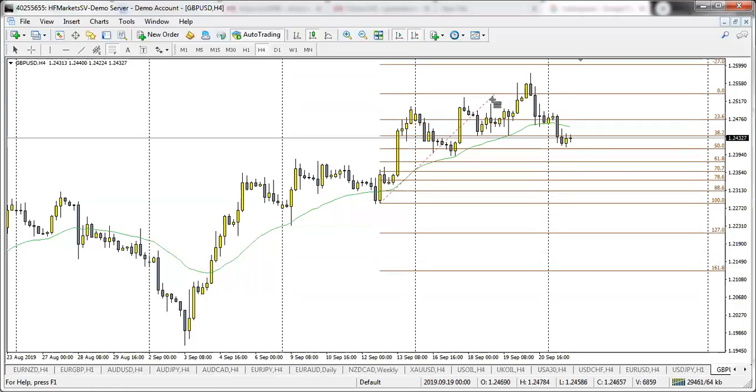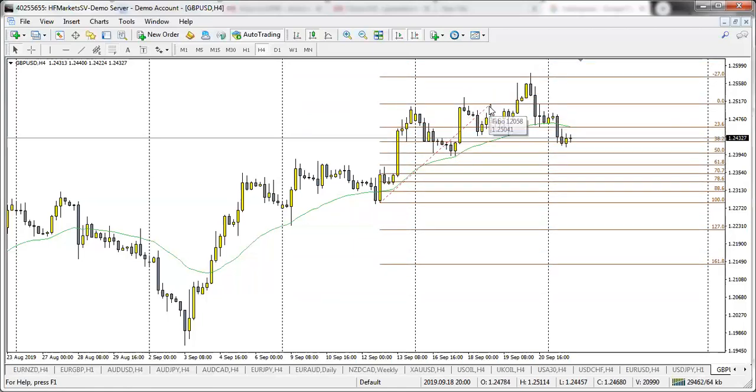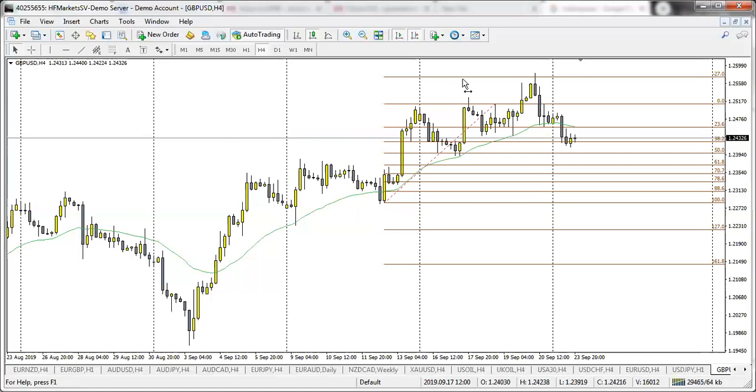Now the market went up, retraced to 50.0, but the real rally started from where? 38.2. Can you see what I'm talking about? And then it touched zero. You can see that we are yet to see a 38.2 retracement that didn't touch zero.